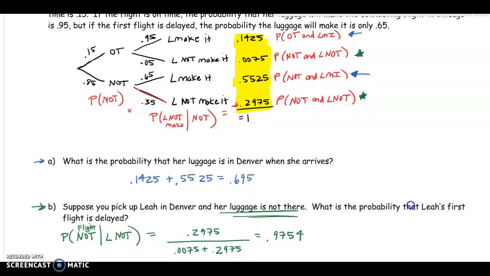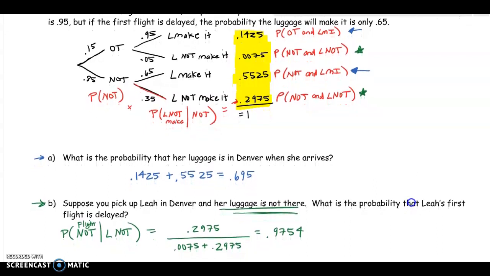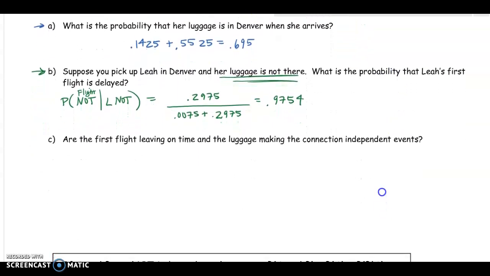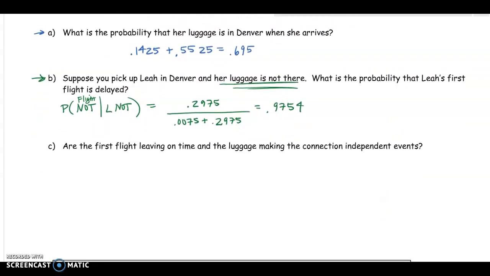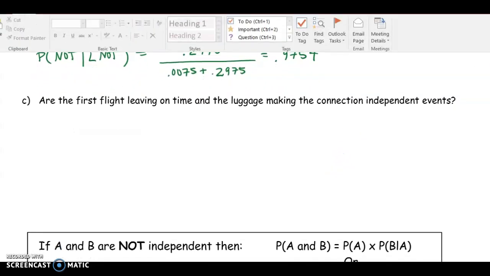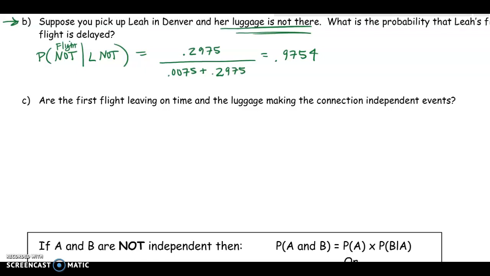Okay, last thing that we are going to look at is, are the first flight leaving on time and luggage making the connection independent events? So hopefully you remember that if I ever ask you if events are independent, we're going to start off by writing if independent. We're going to start off by assuming that they are. So probability that, and it says, are the flight leaving on time?